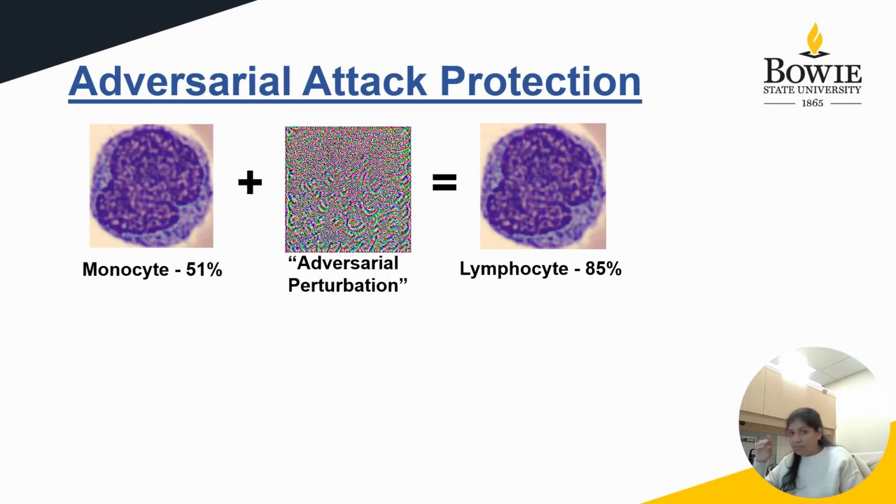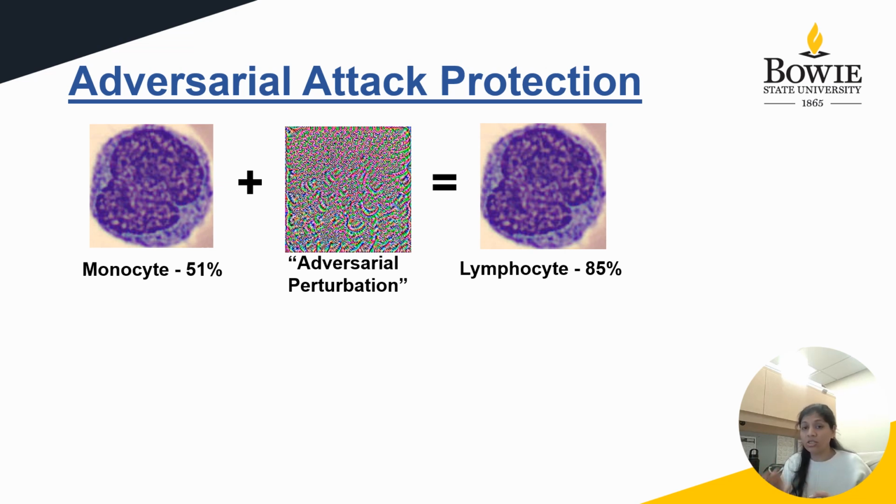Then let's take an example of a monocyte blood cell. Initially, the model predicts monocyte with 51% confidence. However, if an attacker adds noise, also known as adversarial perturbation, the prediction can shift incorrectly to another class, such as lymphocyte.